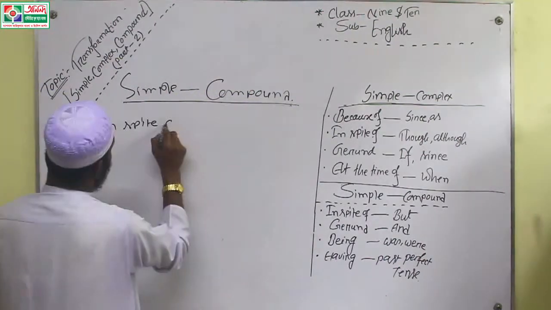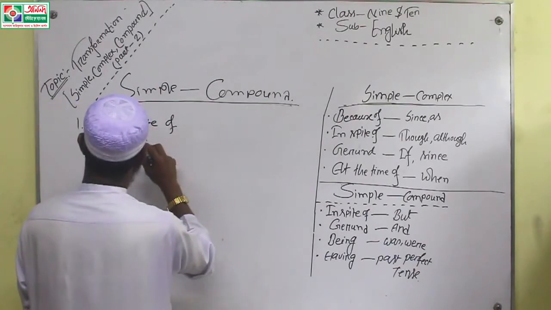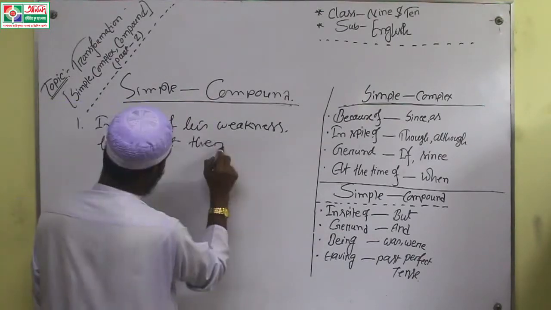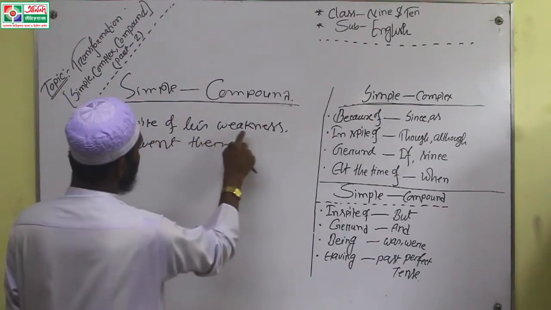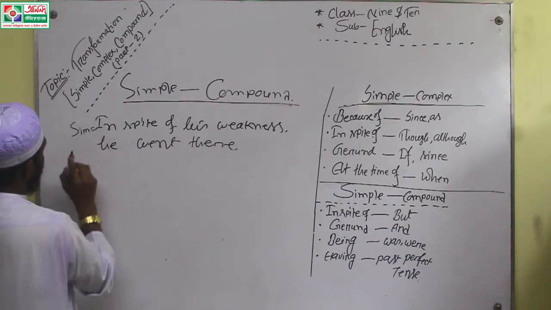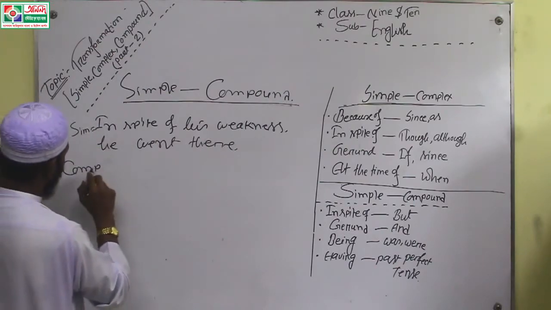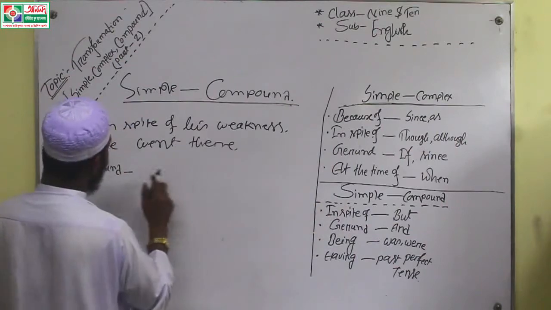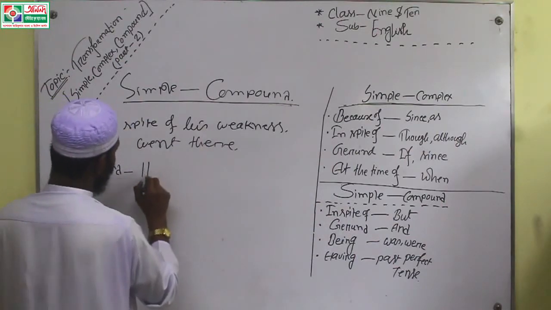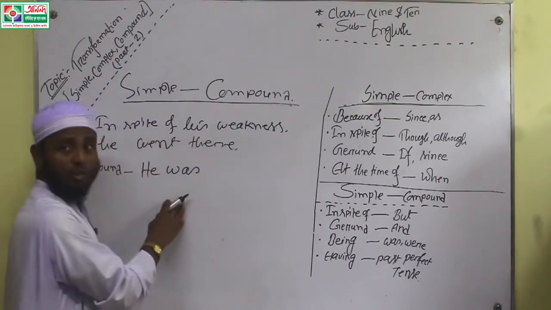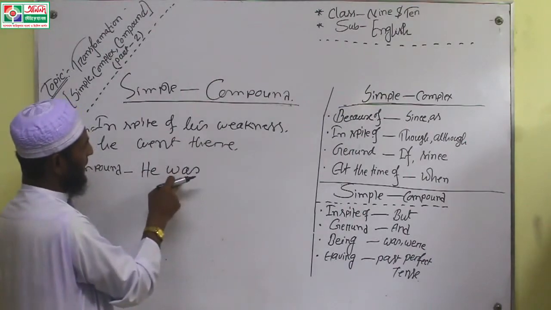Number one: In spite of his weakness, he went there. This is simple. The compound will use but. He was weak, because it is past tense. Why will you use was?